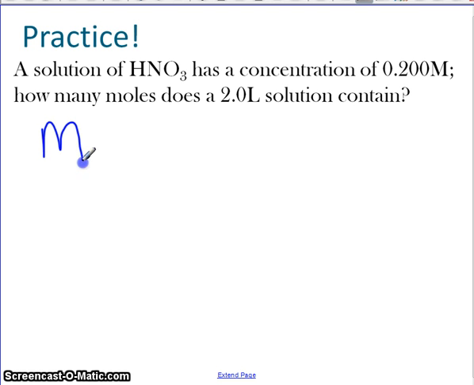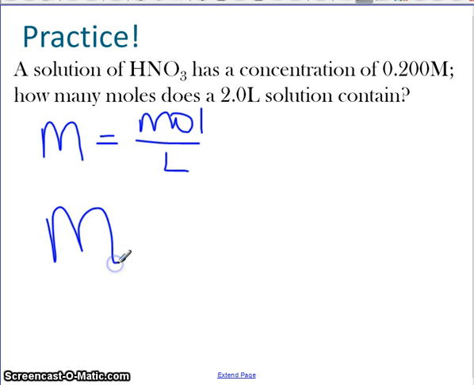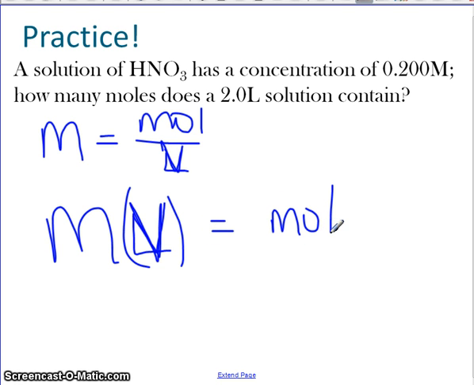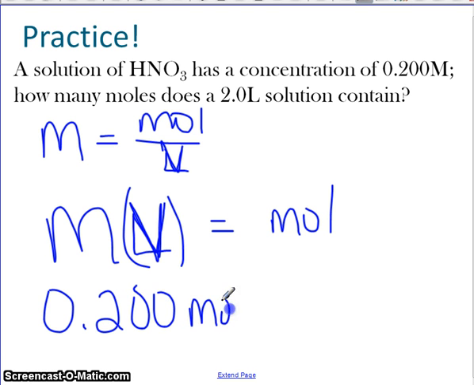So always start with the basic formula. So this time we're given liters and we're given a molarity, so we're looking for moles. So I know moles equals molarity times volume. Sorry, I put the L and I should be putting V for volume. So the molarity is 0.200 molar, and molar is the same as moles per liter.